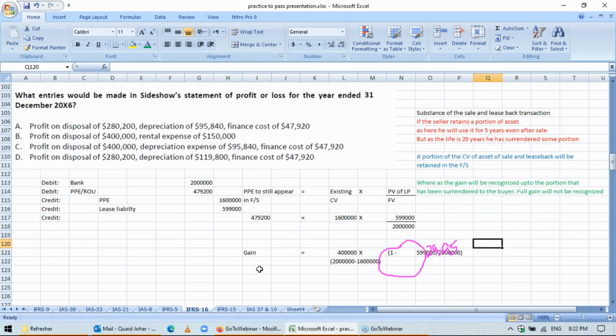So the gain that will be recognized here is 4 lakh multiplied by 0.7005, meaning 70.05%, the portion that is surrendered.